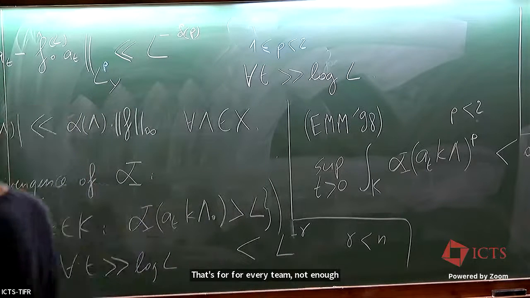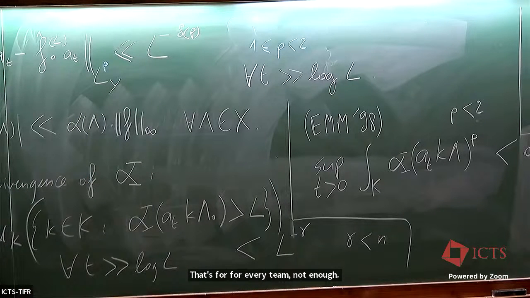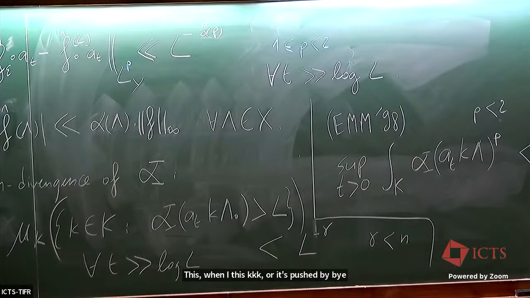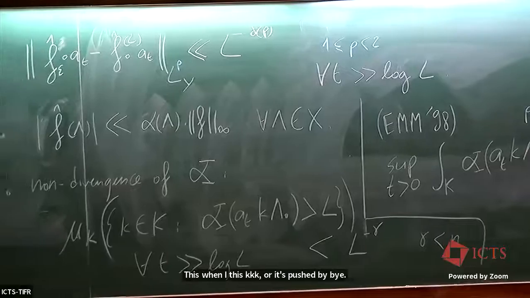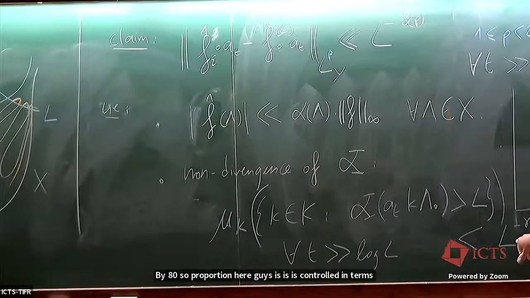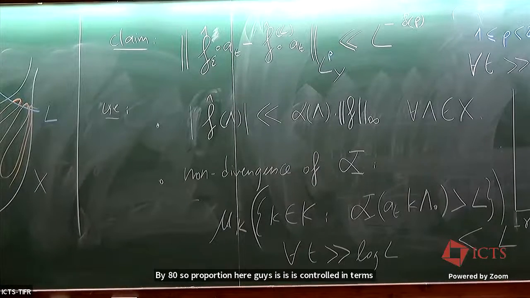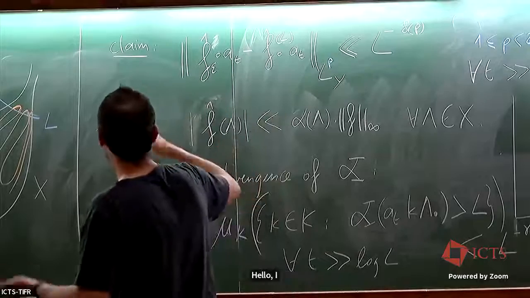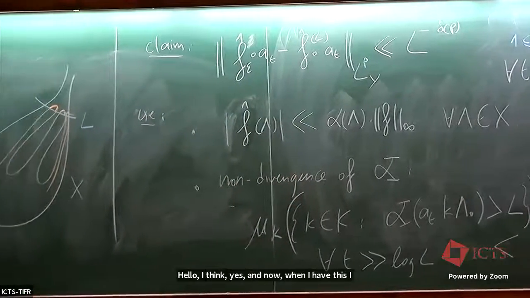Okay, so when these K orbits are pushed by A_T, the proportion here is controlled in terms of the parameter L. Voilà.